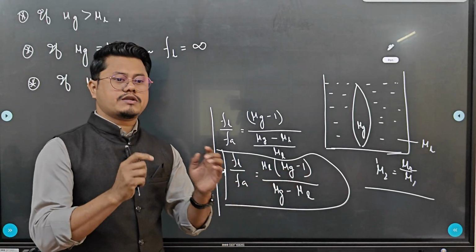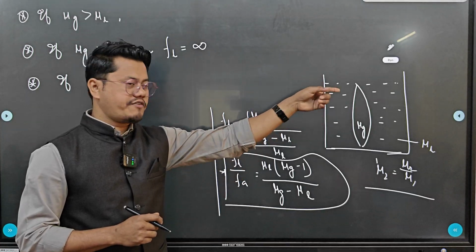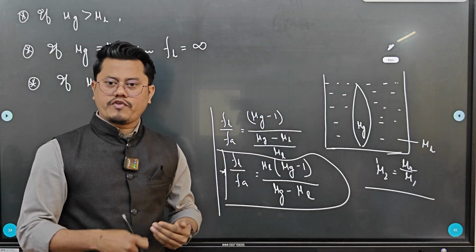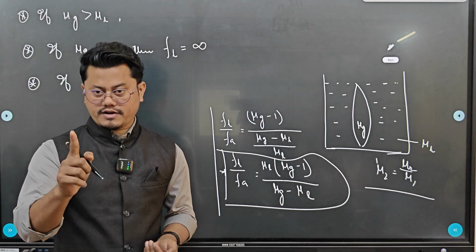Fl is negative, but please keep in your mind, in case of air, if I use a convex lens, for example, we know very well the focal length of a convex lens is always positive in air.